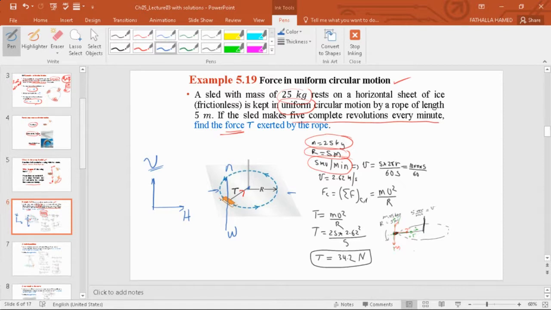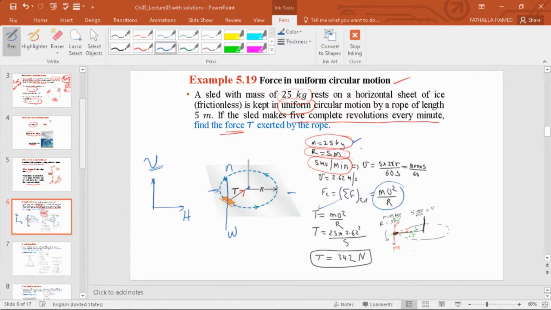So in this case, you will have a net force, and that net force will equal m a_rad, which will be equal to m v squared over r. So that's my net force along the radius. But what forces do I have along the radius? I only have the tension. So if I look at the summation here, the only force that I have is the tension, and this tension should equal m v squared over r.